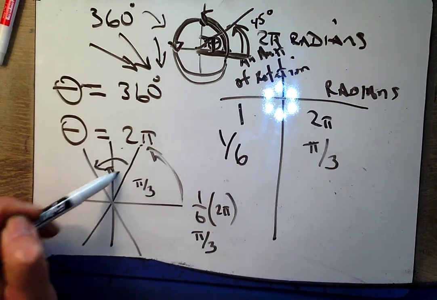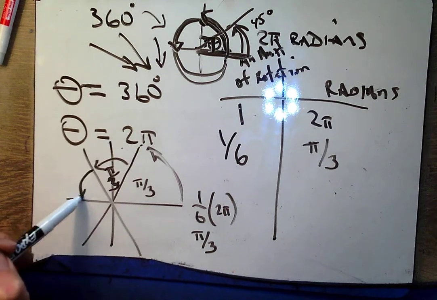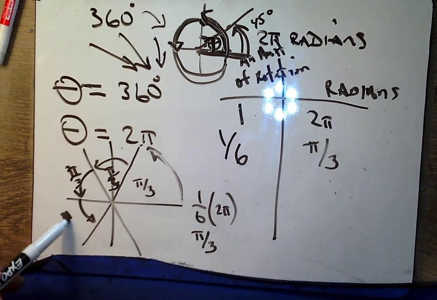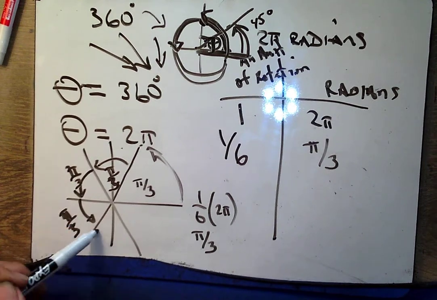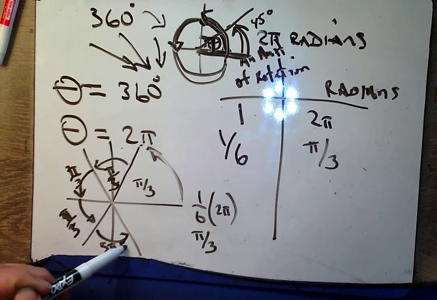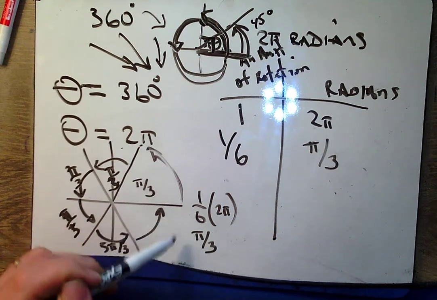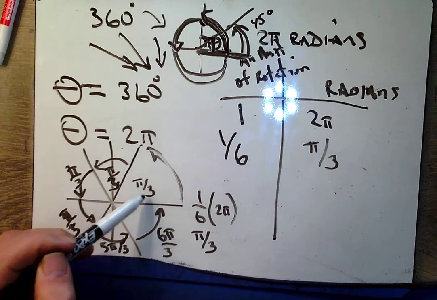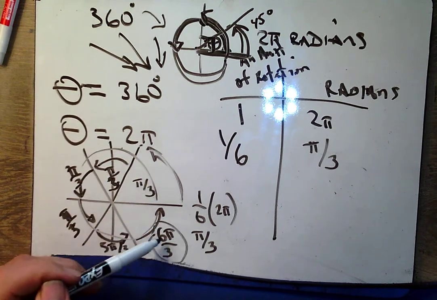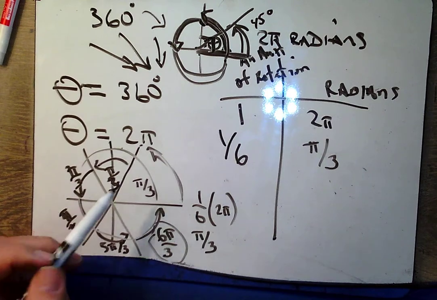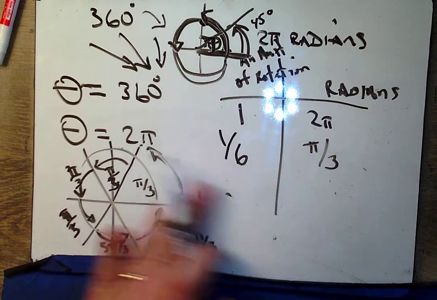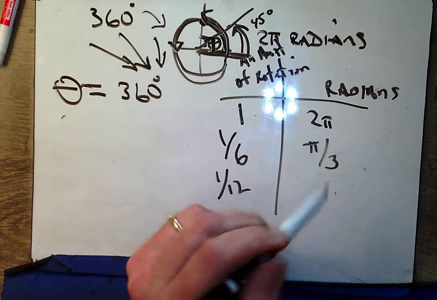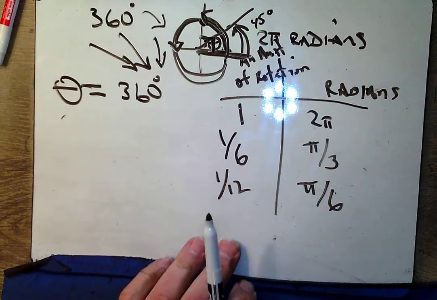Here's another pi over 3, here's a third pi over 3, a fourth pi over 3, a fifth pi over 3, and finally, this is going to be 6 pi over 3. And so all the way around is 2 pi. Cool. So a sixth of the way is pi over 3, and the last one that we have is a 12th of the way around, and that one's going to be pi over 6.